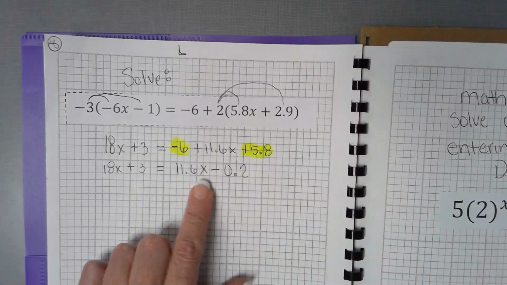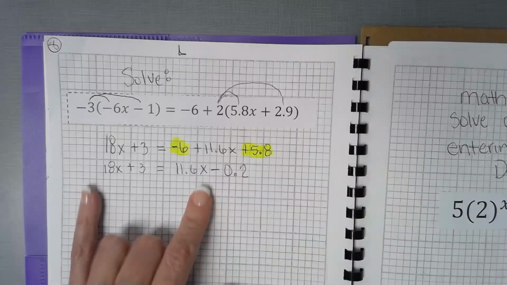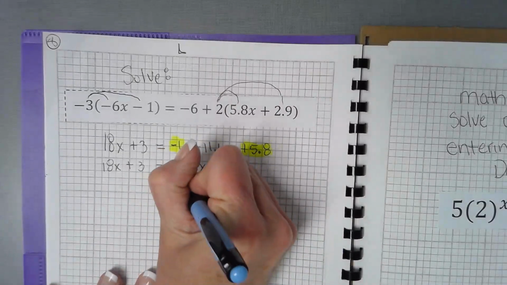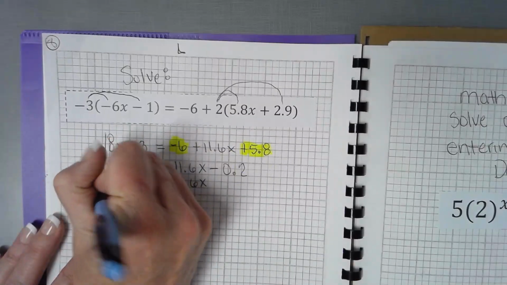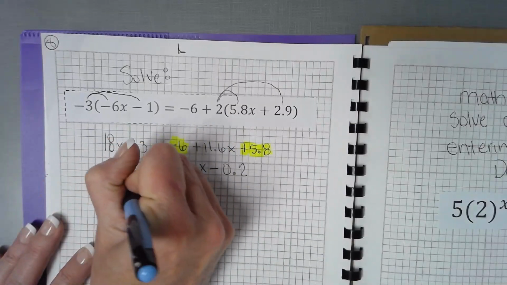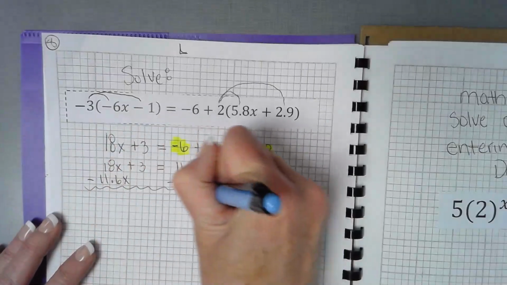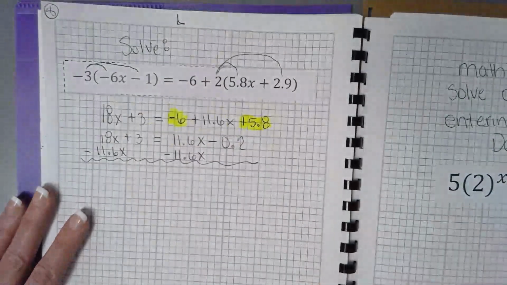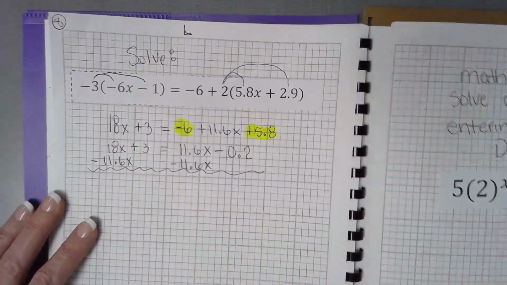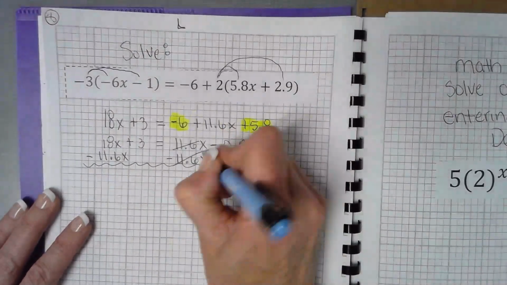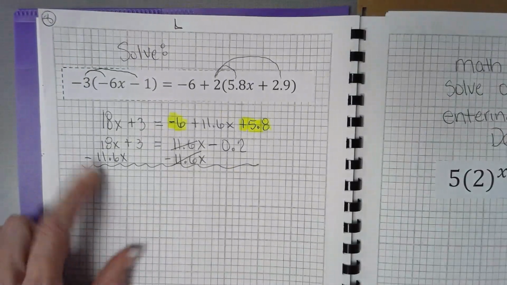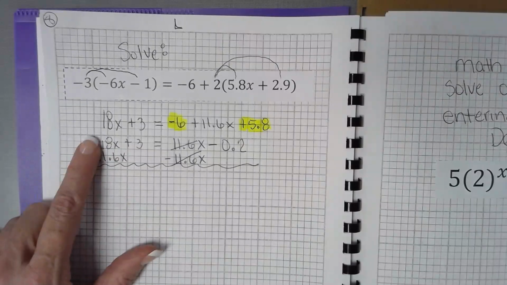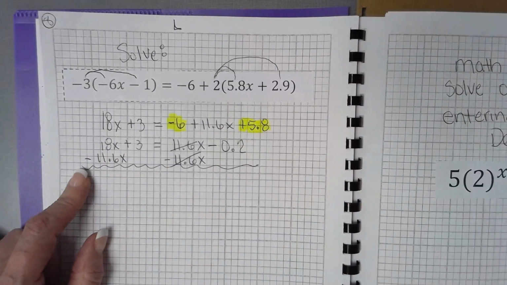Yep, I need to get my x's on the same side of the equal sign. So I'm going to subtract 11.6x on both sides. Okay, so there. And now we're going to combine these. So if you guys would grab your calculators and do 18 minus 11.6.